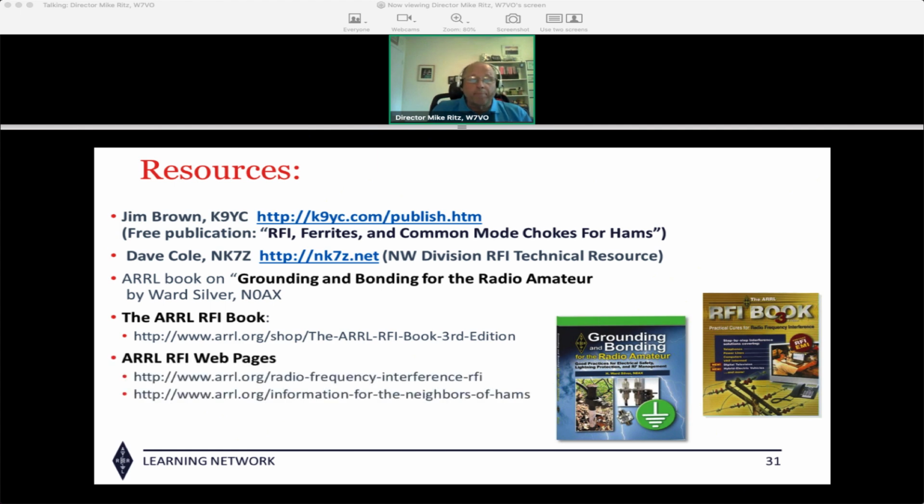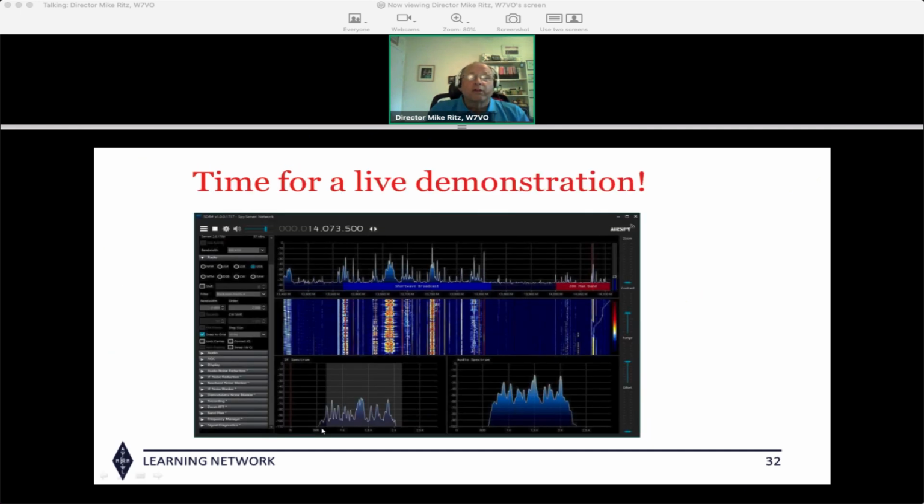And there's a couple of web pages here that I have listed, and you can get some RFI information, not only about within your own shack, but also information for the neighbors of hams. So you can see what they're telling people to do if they're next to a ham and is a cause of noise.